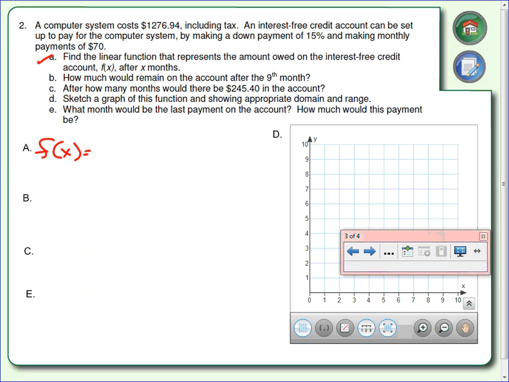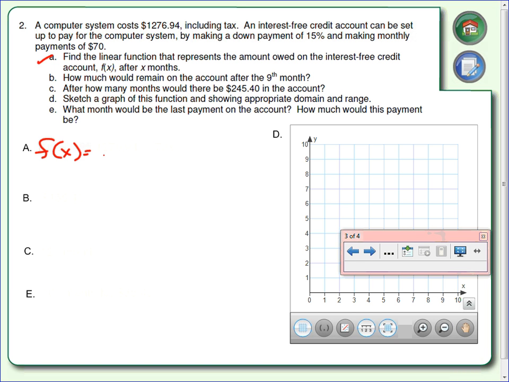Now remember, here's where it gets a little tricky, guys, because remember, he had to make a down payment of 15%. So he's not going to pay the whole 100% of the bill, because he's already paid 15%, which leaves him with 85% of the bill. Because 100 minus 15 leaves us with 85%.